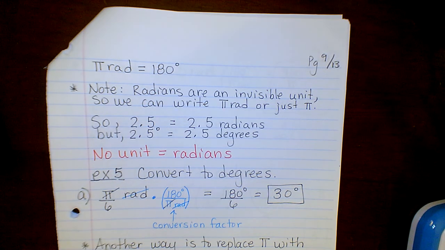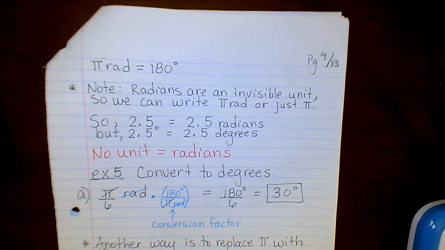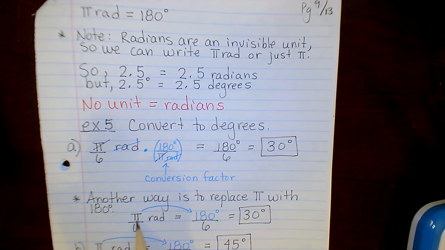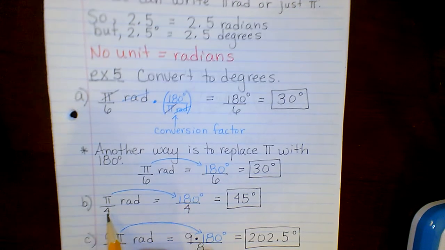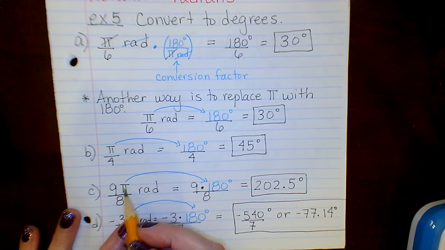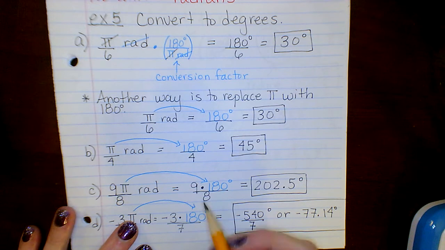Another way of doing this is you can just replace pi with 180 degrees. So with pi over 6, if I take that pi and replace it with 180 degrees, you can see I get 30 degrees. If it's pi over 4, I replace the pi with 180, divide, get 45 degrees. 9 pi over 8, replace the pi with 180 degrees.